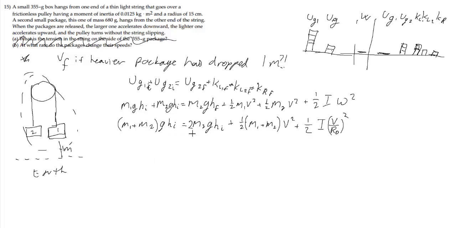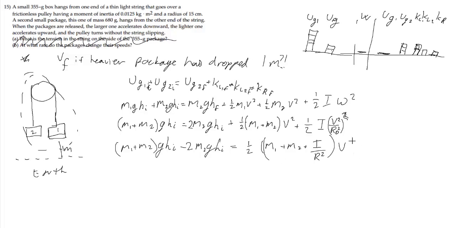So we've got m1 plus m2 g h initial minus 2 m2 g h initial, which we can simplify further, is equal to 1/2. I can factor out this 1/2 again, and we've got m1 plus m2 plus I over r squared, right? This is now v squared over r squared times v squared.